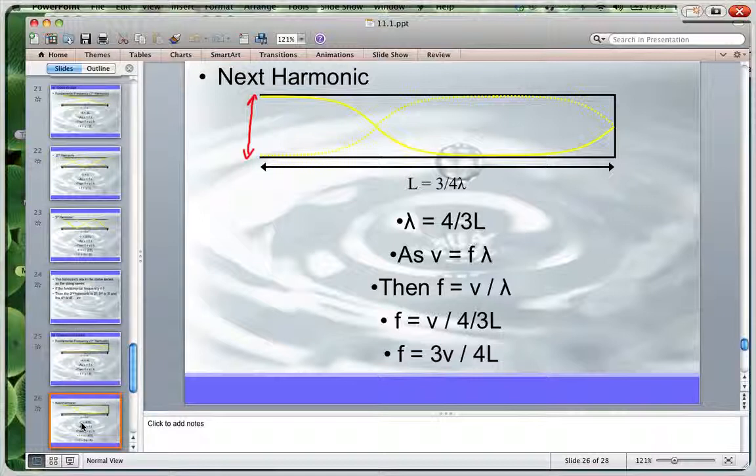It needs one of those two to get half. So the next one you've got to go to is your 3/4, like this, or lambda is equal to 4L over 3. So you get this situation over here where the frequency is 3V over 4L.